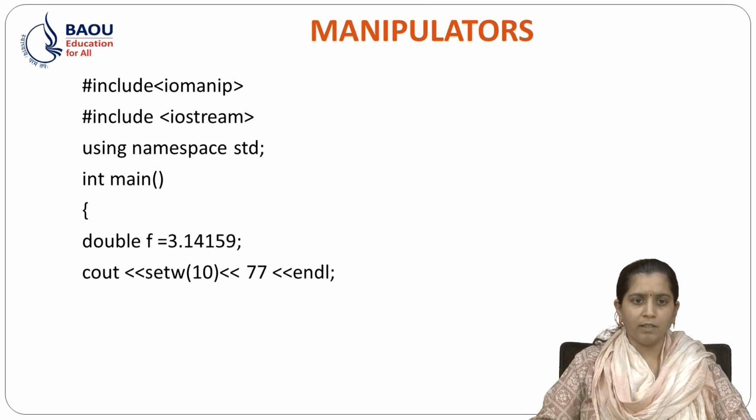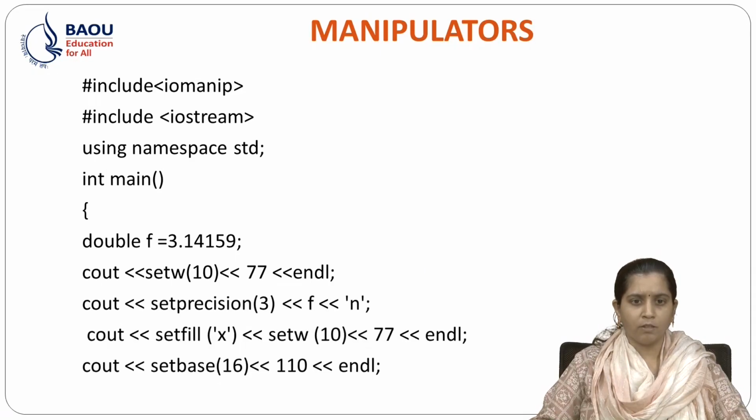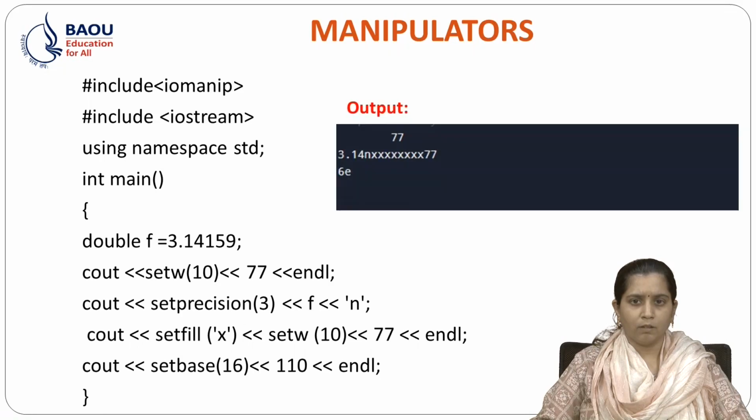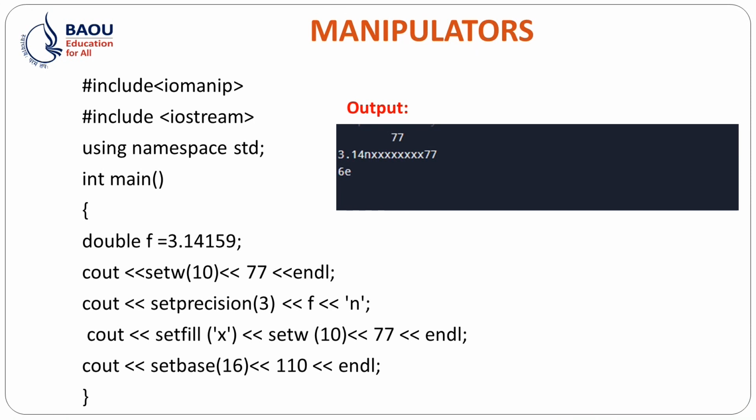Here what I am doing is double f is equal to 3.14159, and in cout I am using setw 10 and then 77. What all this does, I will show you in the output. So in the first expression, cout setw 10, here first of all 10 spaces are given and after that 77 will be displayed.